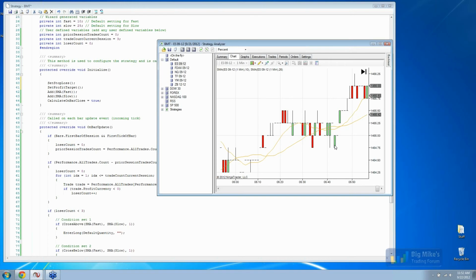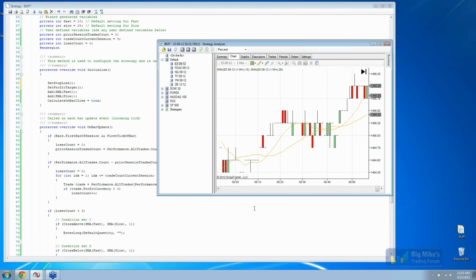If it looks good in the worst case scenario, it'll probably look even better in the best case scenario. So if you make your strategy work very well in the worst case scenario, it can only perform better than that. So that's our logic on why we fill the stop loss instead of the profit target if both of them could have been filled on the same bar. Hopefully that answers your question there, Xavier.